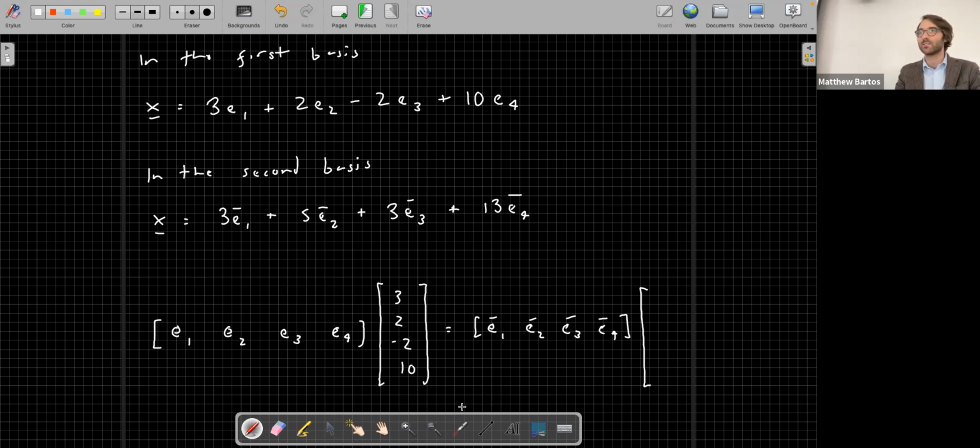What are our coordinates in this basis? 3, 5, 3. Yes. So the coordinates are those coefficients that are applied to our basis elements. Great. So that is how you can represent a polynomial, which is a vector, in 2 different sets of bases.